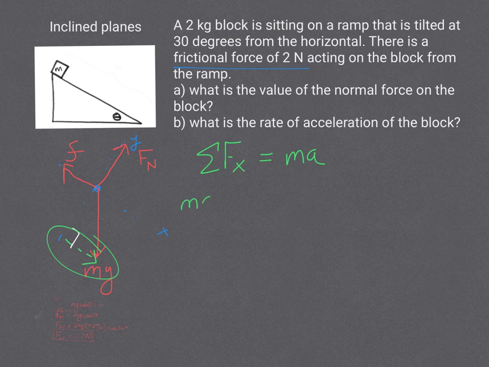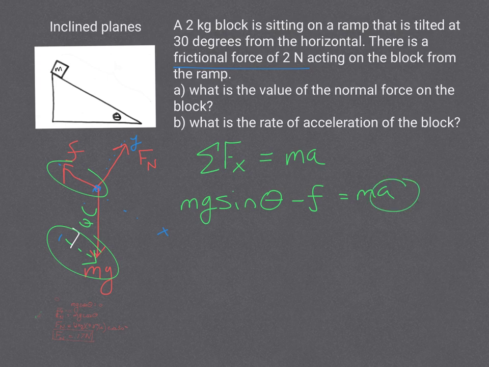And since that is in the direction of the acceleration, even though it's down the ramp, it's still to the right. We're going to make that the positive because we want the object to accelerate in the positive. All right, and because it's the x and our theta is going there, it's the opposite side, so we're going to use the sine function. And then we also have the frictional force going backwards, and that equals ma.